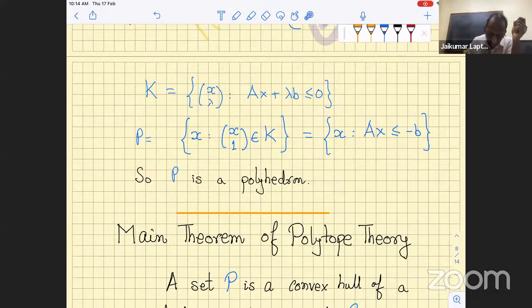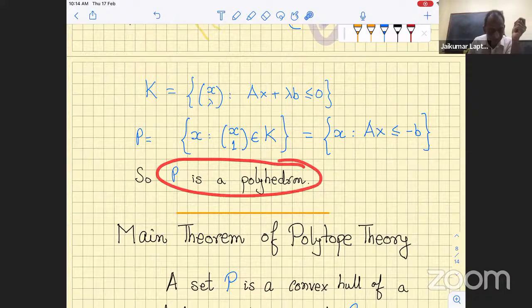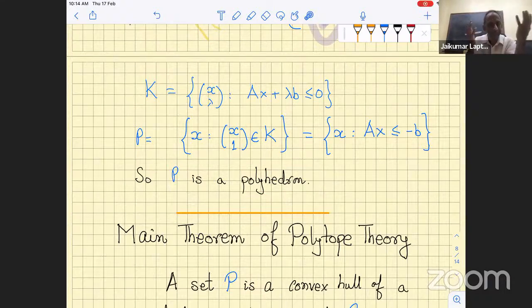So P is a polyhedron. So every polyhedron can be described in two ways. Either you write the equations, or if you can't write the equations, there will be a convex hull and a cone, just these two objects, and it's just somehow decomposed into these forms, and that's why it's called the decomposition theorem.